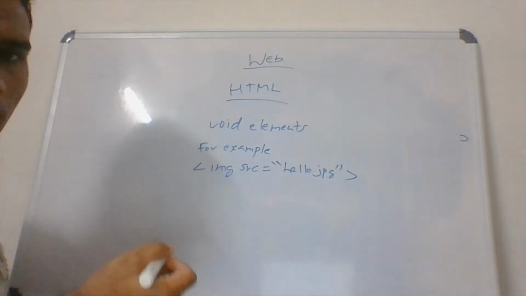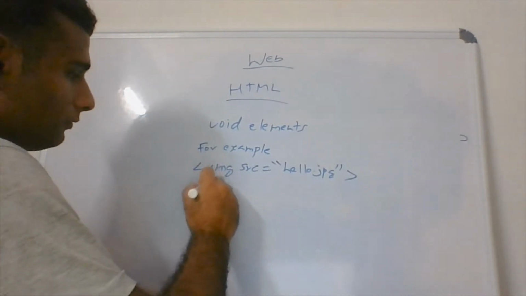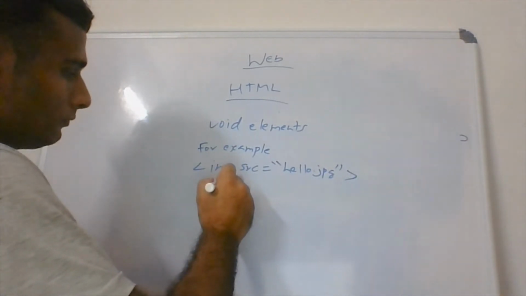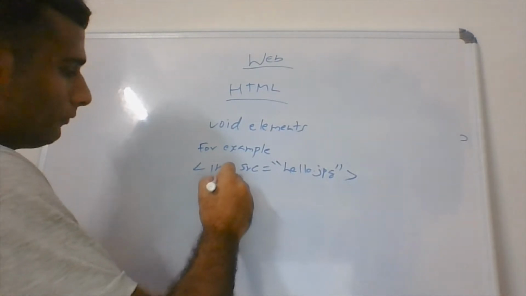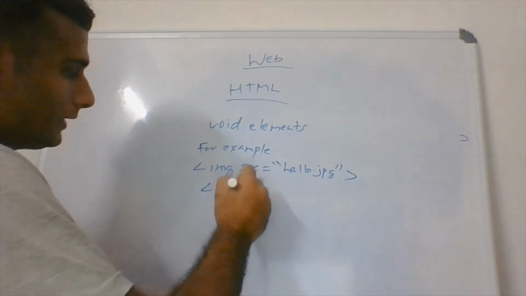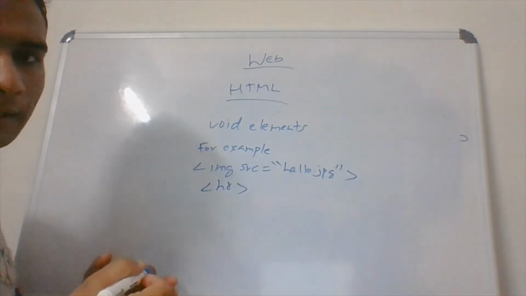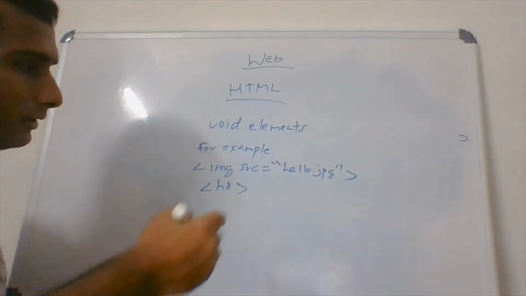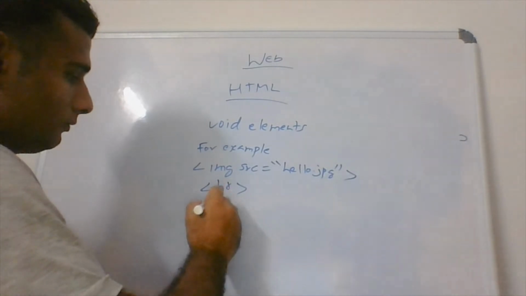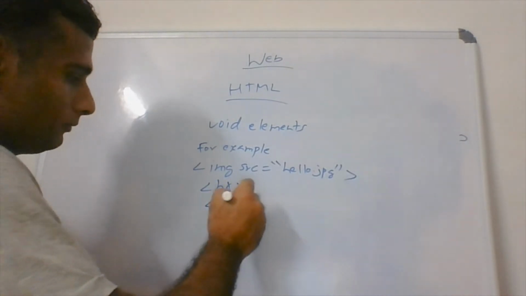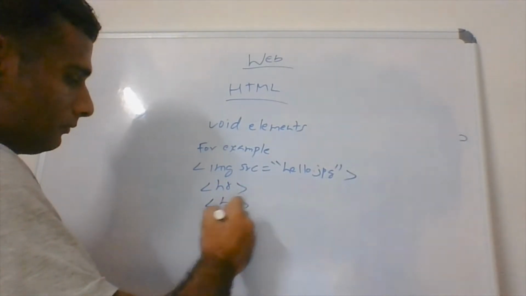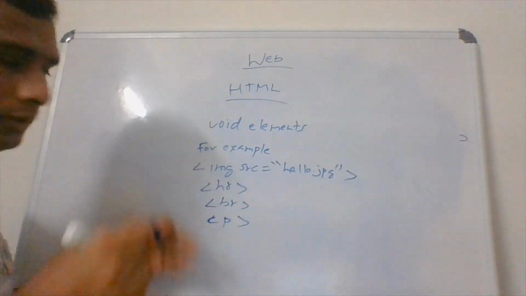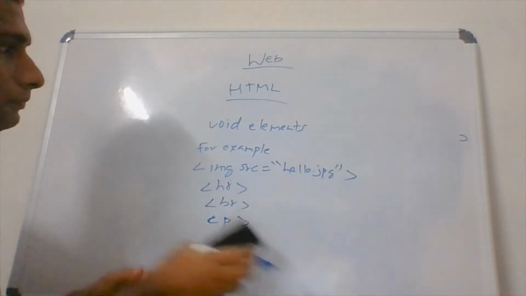So it is an example of void element. Or HR, it is for horizontal line, that also doesn't require any closing tag, so it is also called a void element. Break, speed, so all these are called void elements.